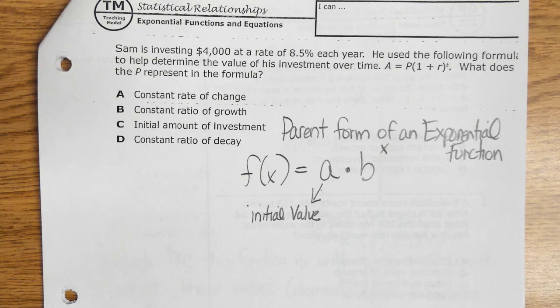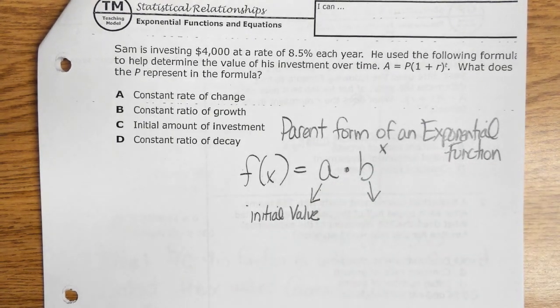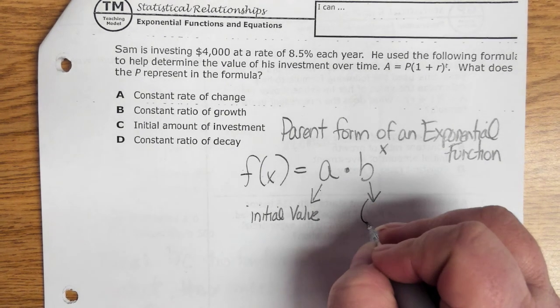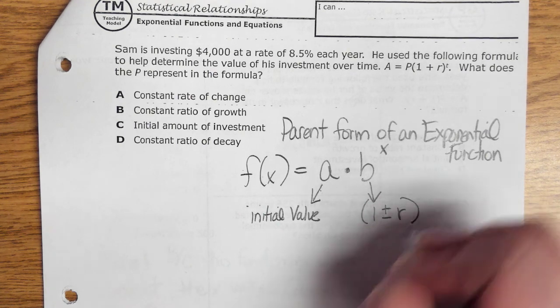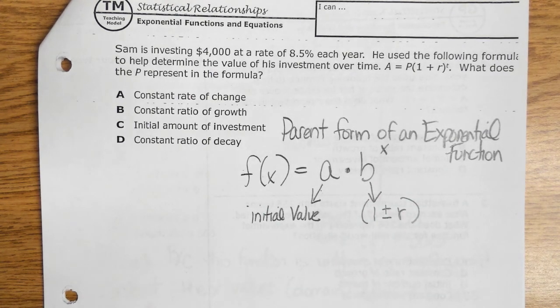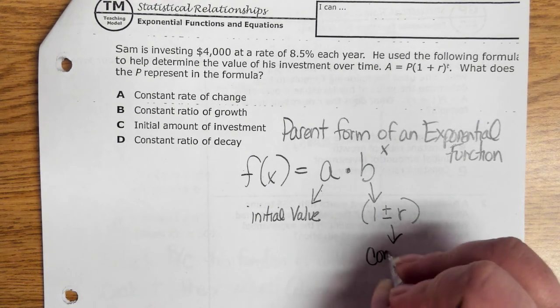This b, yesterday when we were doing growth and decay, that b is represented by 1 plus or minus the rate. And that b is your constant ratio.